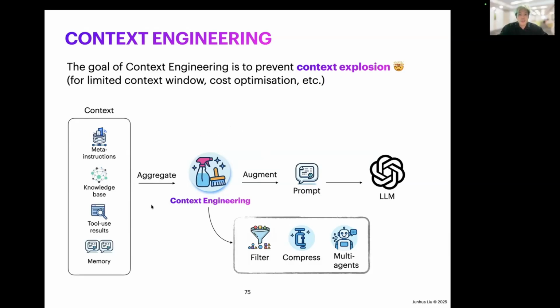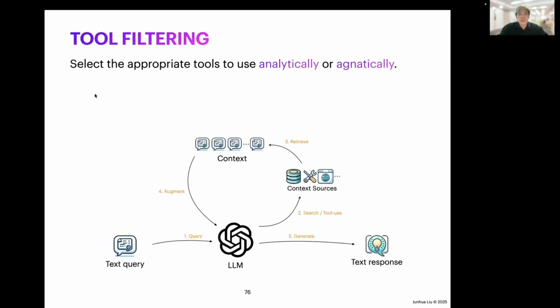The typical context engineering actions that can be taken are as follows. We will introduce some filtering techniques, compression techniques, and some multi-agent techniques to help us improve the quality of the context. First, we introduce tool filtering. Here is the typical process, right?